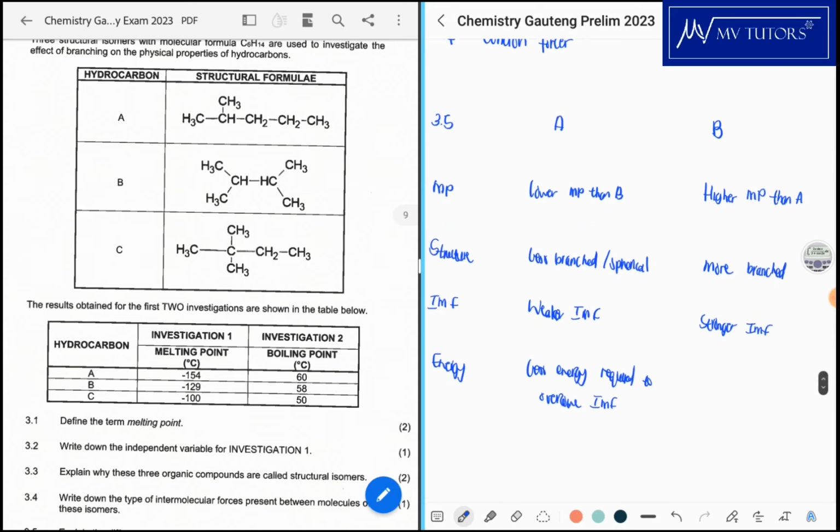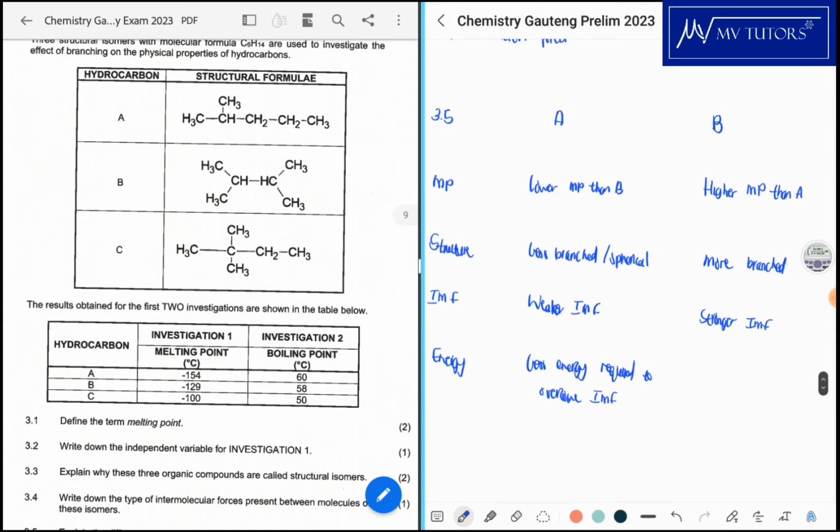But B, because it has a higher melting point than A and it has stronger intermolecular forces, it means that more energy is required to overcome the intermolecular forces.